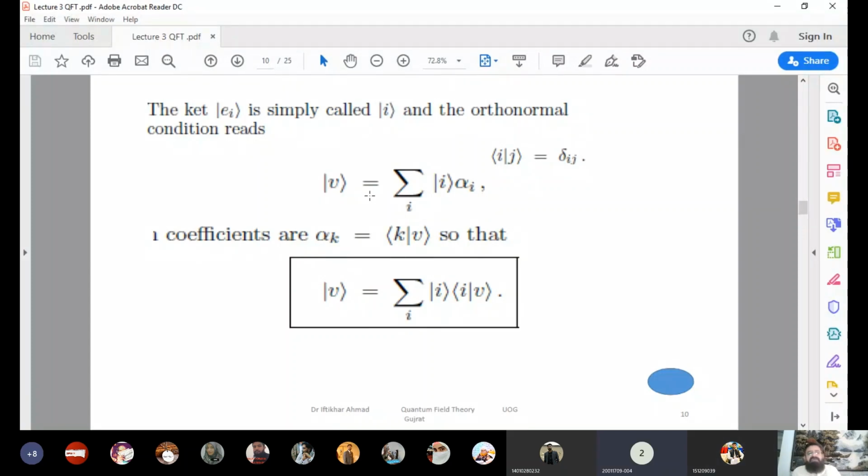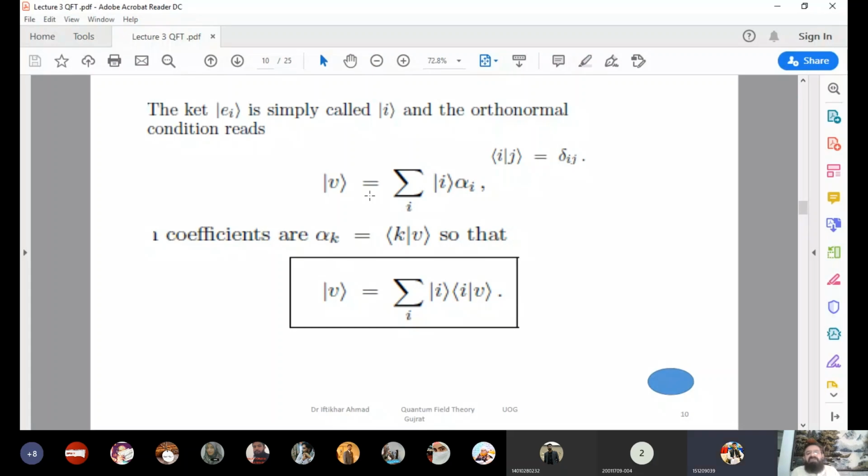We put V equal to a linear combination of alpha I EI, okay. So when you transform this vector, which is actually our vector in column form, then you can put it here. How can you write it in the form of a ket?